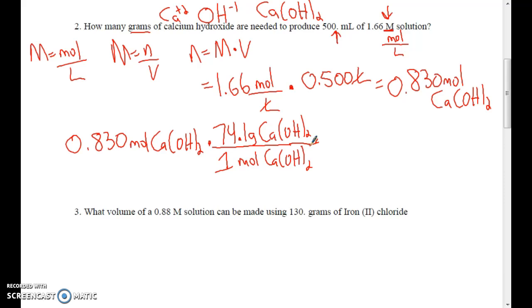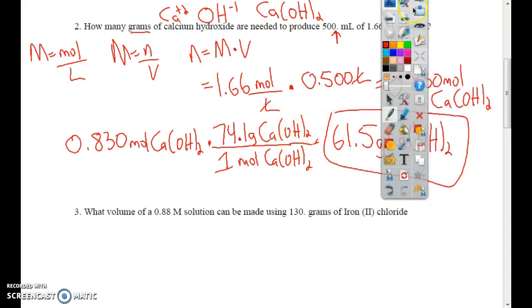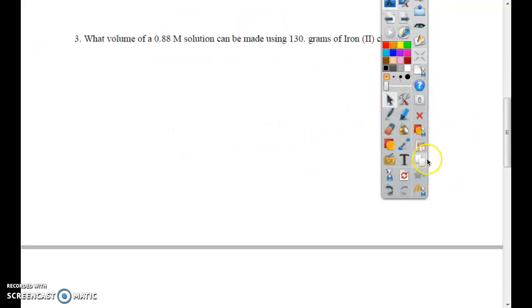So when you multiply 0.830 times 74.1, rounding it off to the correct number of significant digits, you get 61.5 grams of calcium hydroxide. That's how many grams you would need to get that molarity and that volume. Again, think about what the units are to figure out if you have to do conversions or not. All right, number 3 is now asking us for volume.